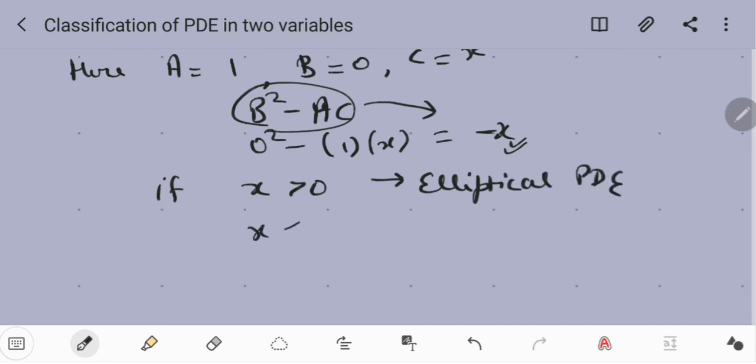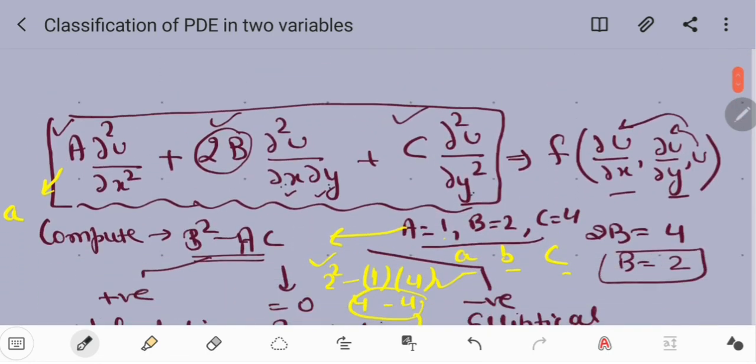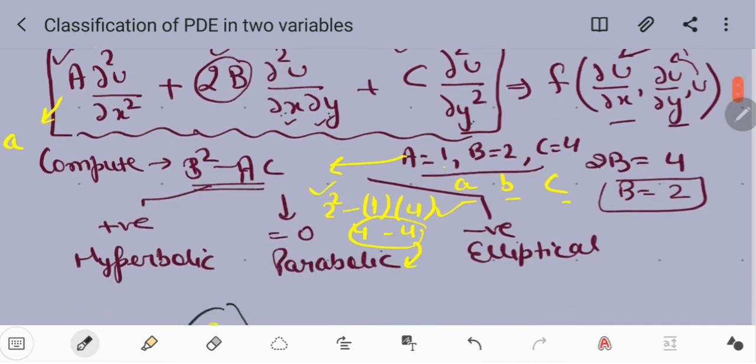If x is negative, then hyperbolic, and you can assume the rest: x is 0, then parabolic. So in this way you can classify any particular partial differential equation as hyperbola, parabola or ellipse, just by looking at it and computing b square minus ac.